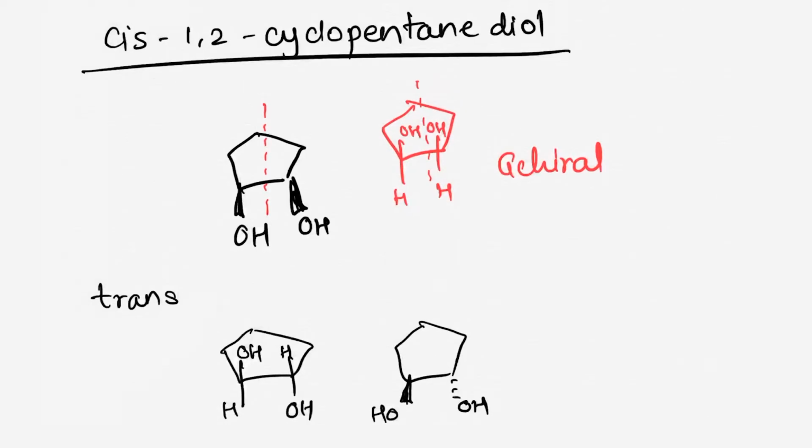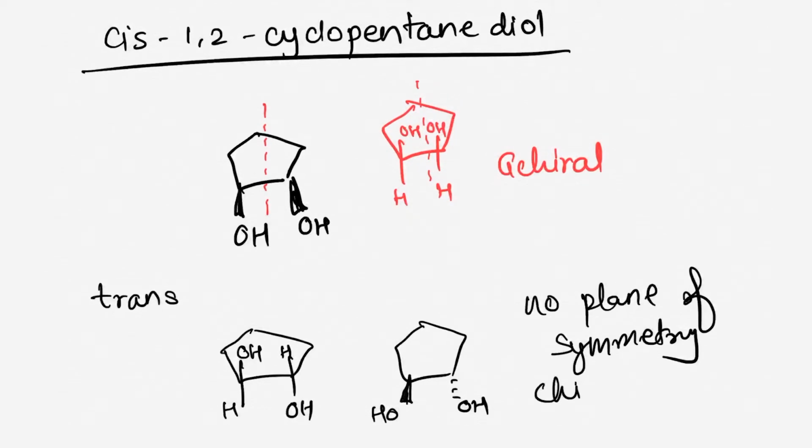As you can see in this particular molecule, because the OHs are going in opposite directions, there is no plane of symmetry, and in fact, this particular molecule will exist as a pair of enantiomers. Okay. So, there is no plane of symmetry. So, this will be chiral and it will exist as a pair of enantiomers.